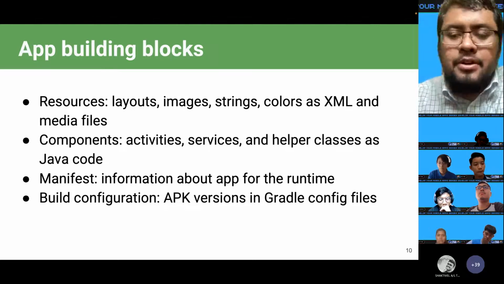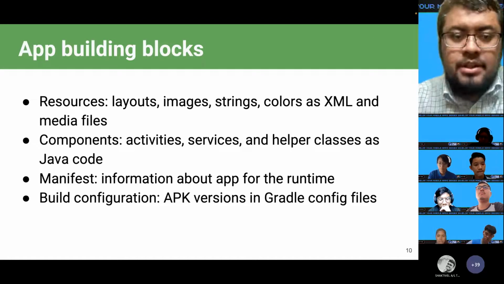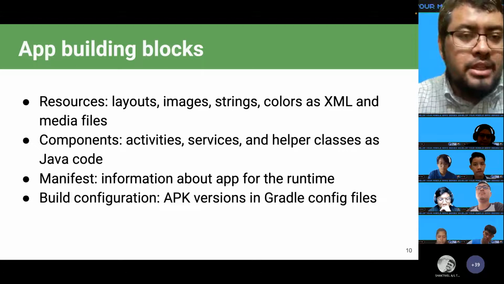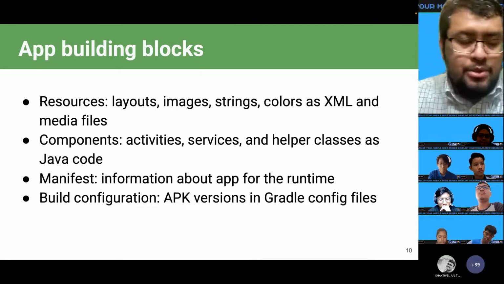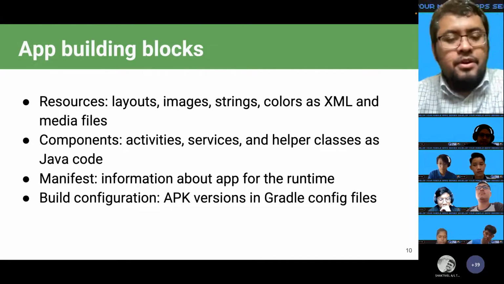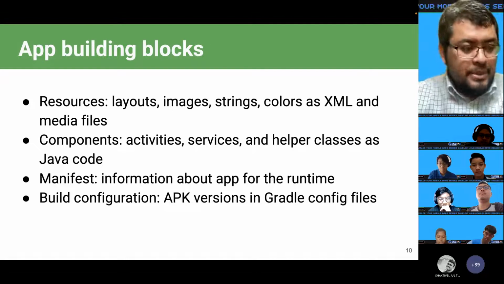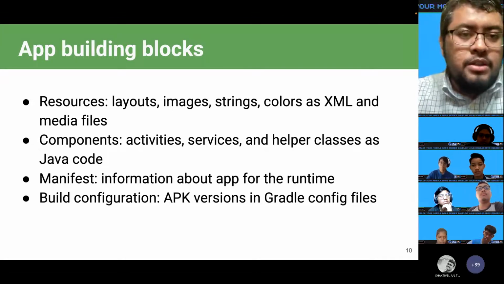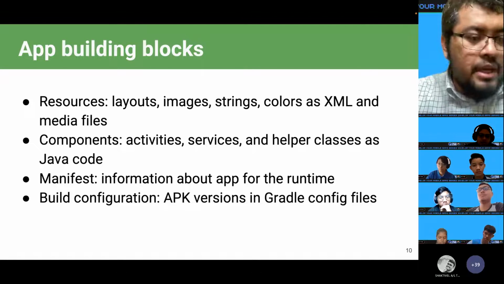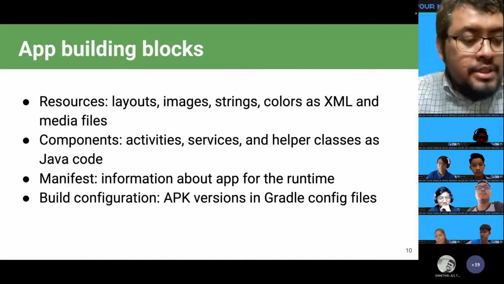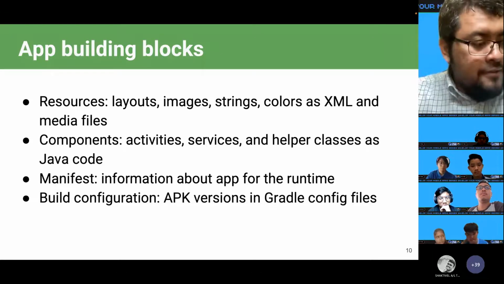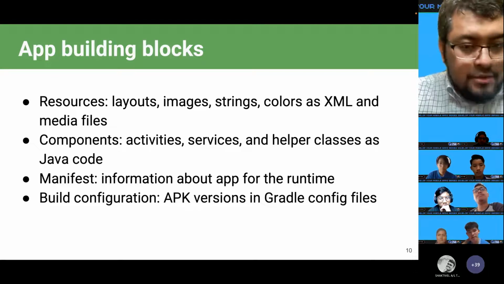For developing an application, there are several building blocks that I have to explain to you earlier before we go even deeper. Here we have the so-called app building blocks: resources, components, manifests, and build configurations.